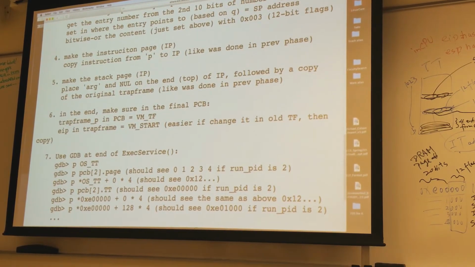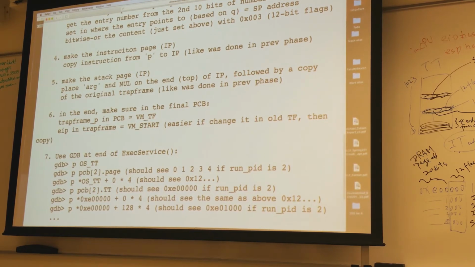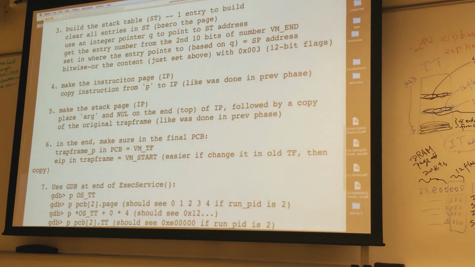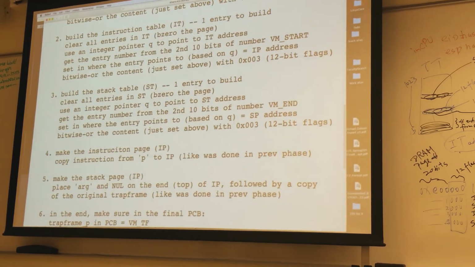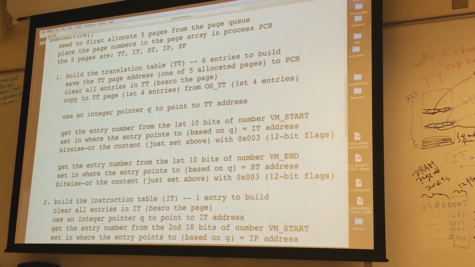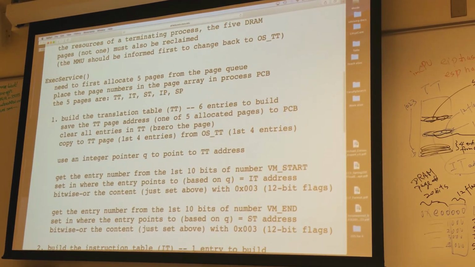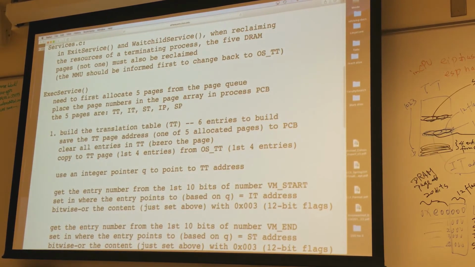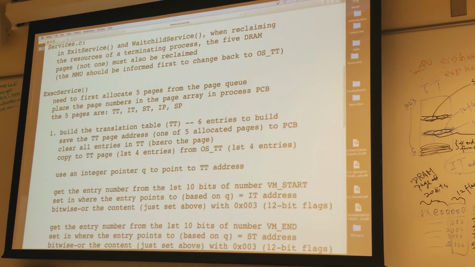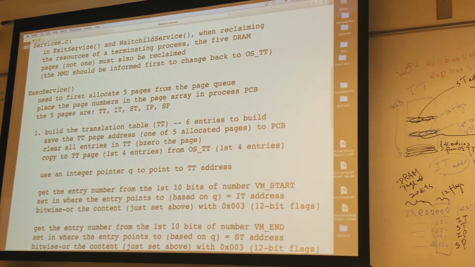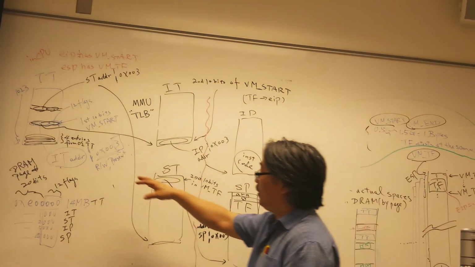You said in the coding hints, and maybe I just missed this, it said building the first 4 entries from the OSTT. Is that what all the coding hints are talking about, building those entries? Or is there something I'm missing here for building the entries? You just use memcpy to copy from the OSTT the first 4 entries into here.